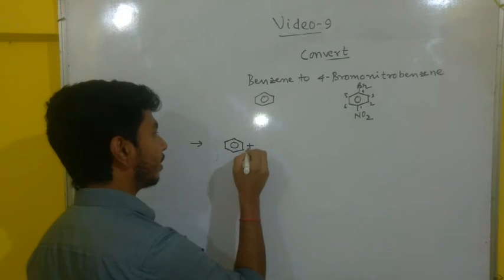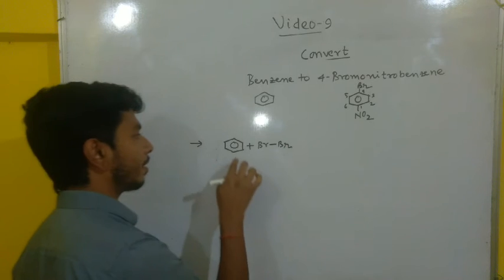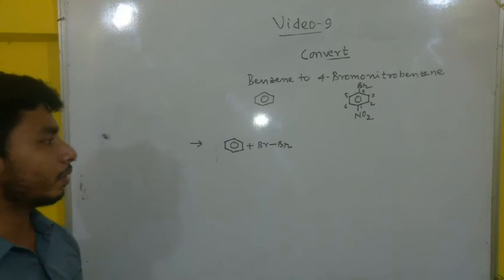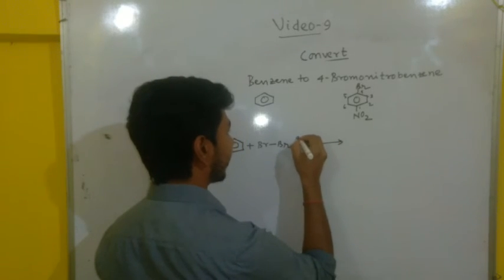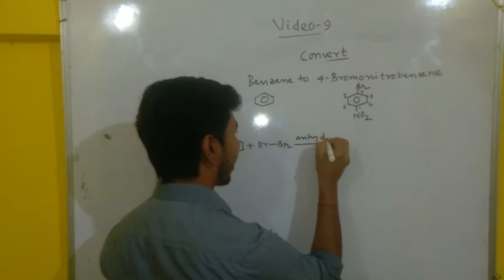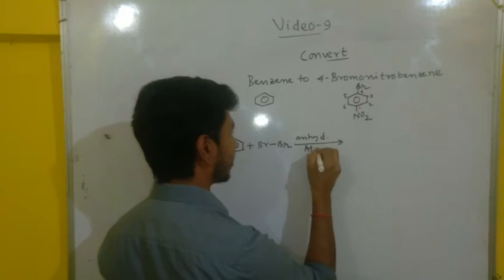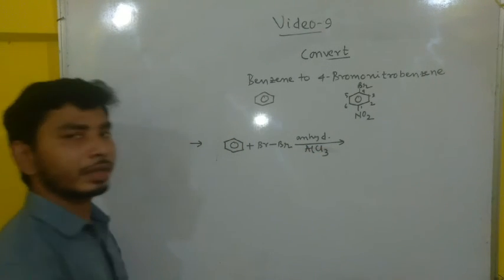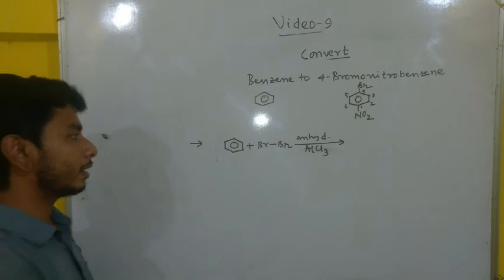So benzene on treatment with bromine, Br2, in presence of a Lewis acid like anhydrous AlCl3.